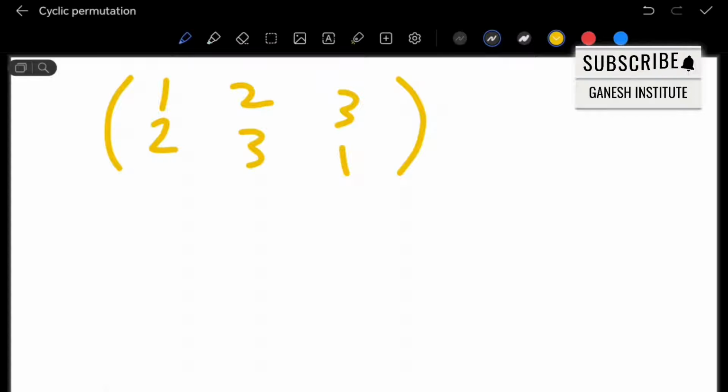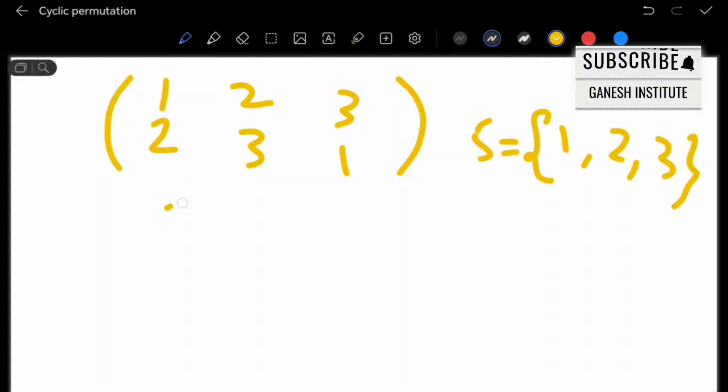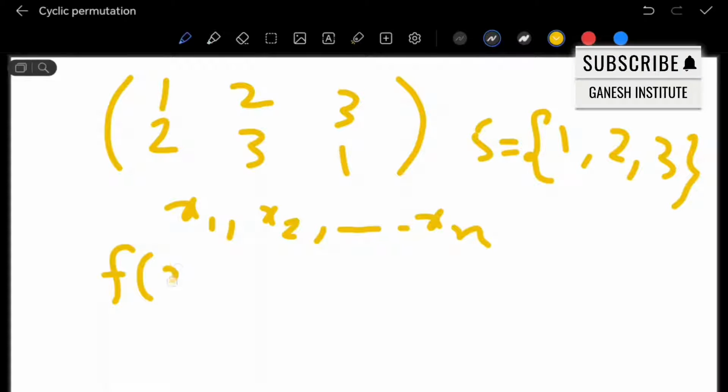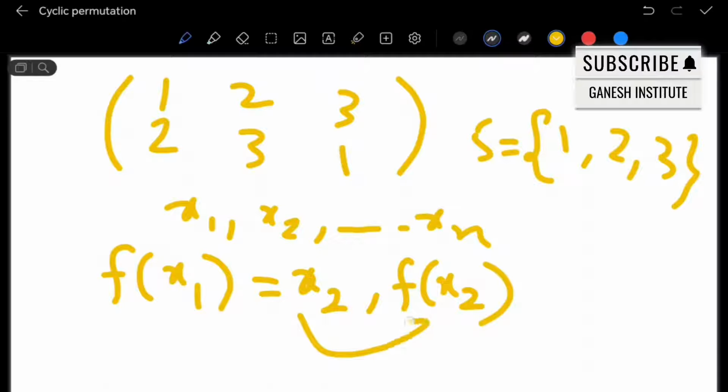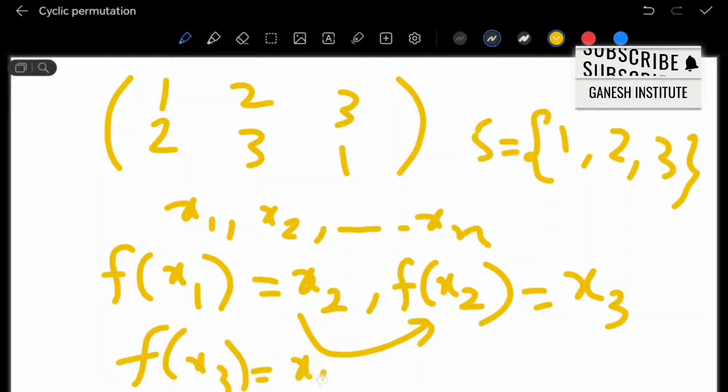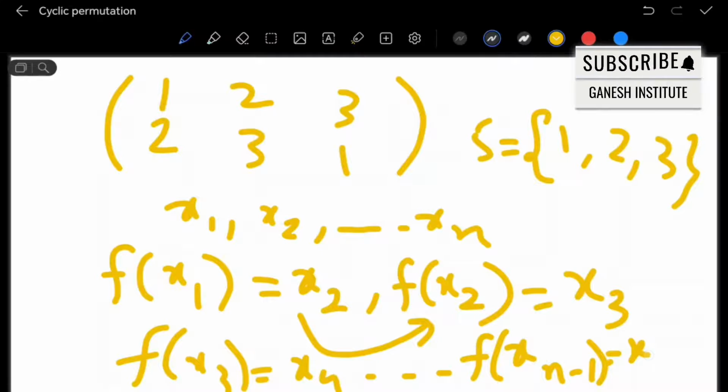Whenever a permutation f on the set S, a finite set having n number of elements, x1, x2 up till xn, is such that f(x1) gives you x2, and f(x2) gives x3, then f(x3) gives you x4, and at last f(x(n-1)) gives you xn, and f(xn) gives you x1 again.